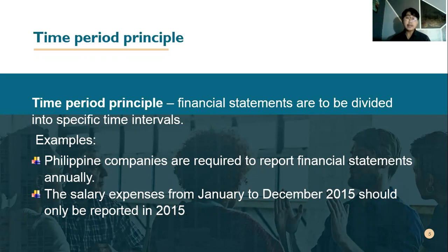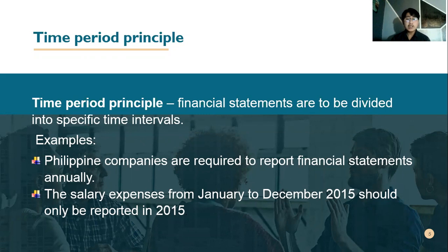Okay, so another example is that the salary expenses from January to December 2015 should be only reported in 2015. So kailangan yung financial statement about salary expense, kung yung financial report is only good for January to December 2015, then kailangan hanggang 2015 lang siya.